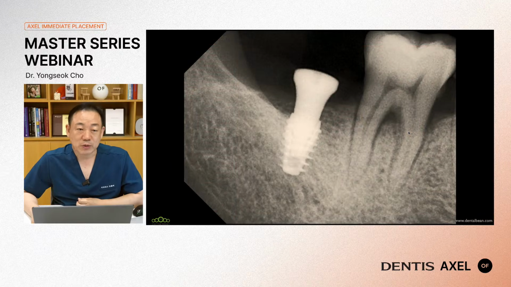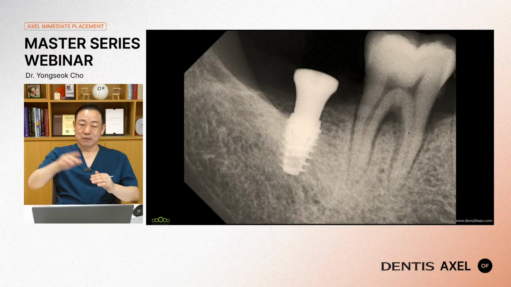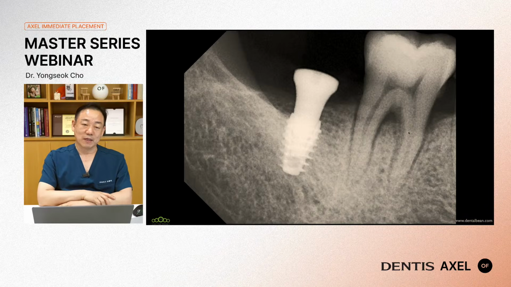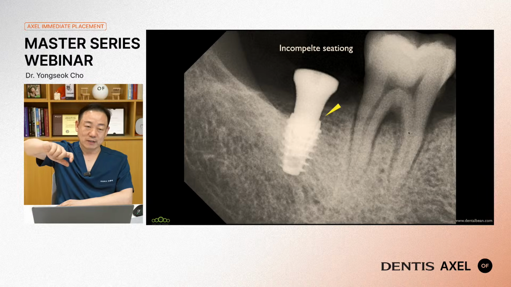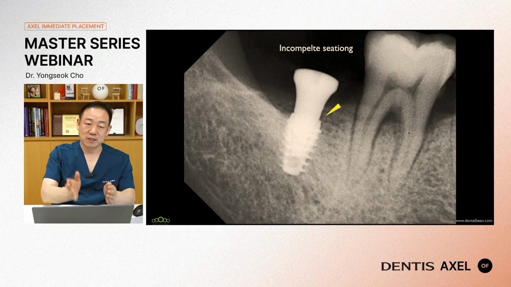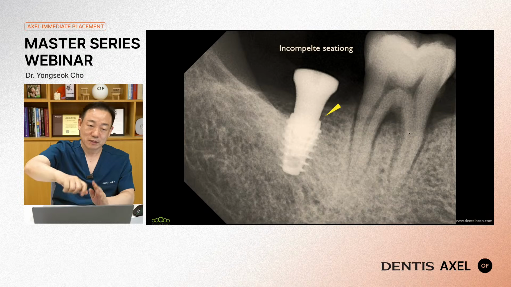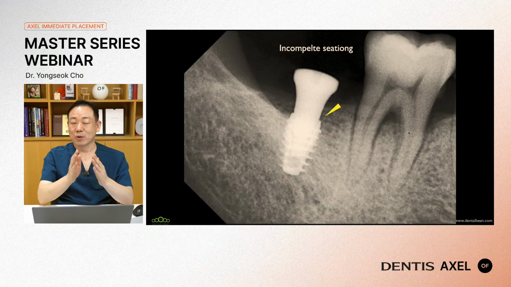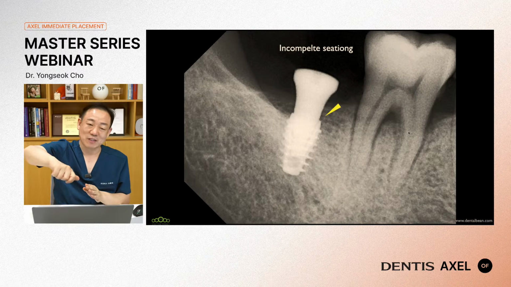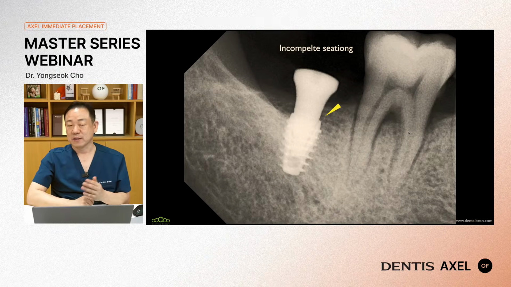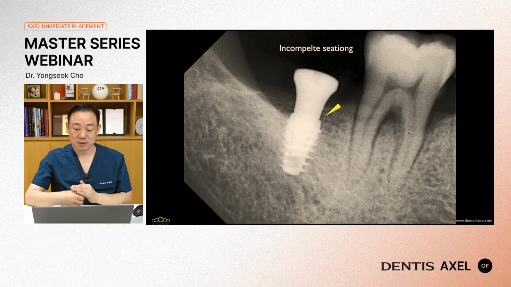But because of difference of height, proximal to buccal, I found healing incompletely seated. When it's completely seated, it stops abruptly, suddenly stops and no more turning. However, when bone interference exists, I can turn the healing abutment with resistance. That means it is incompletely seated condition.